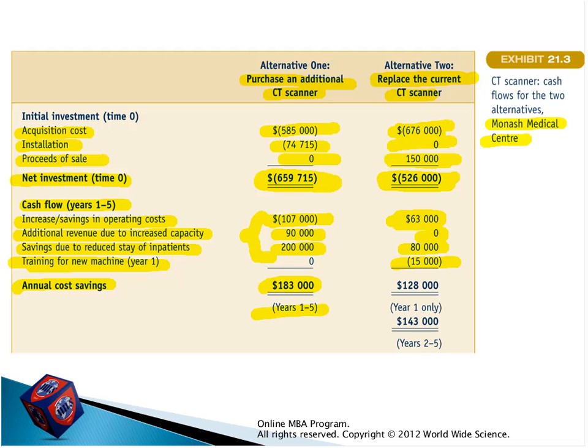And in the second project, we can see that it brings profits in the first year of 128,000, and from the second to the 5th year, the rest of the years, it brings another 143,000.